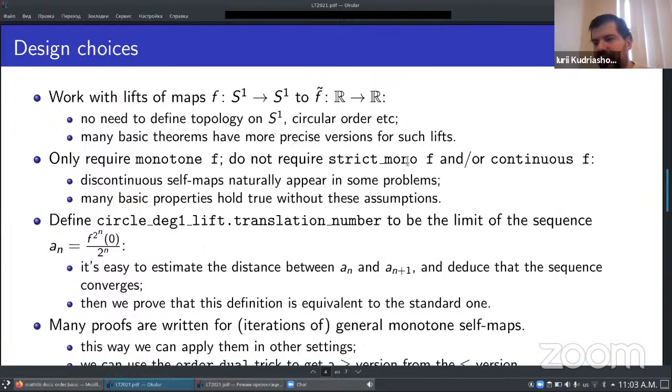And there are two reasons for this. First, sometimes discontinuous maps or maps with steps, with horizontal steps on the graph, naturally appear, for example, as Poincaré maps of some vector field on the torus.